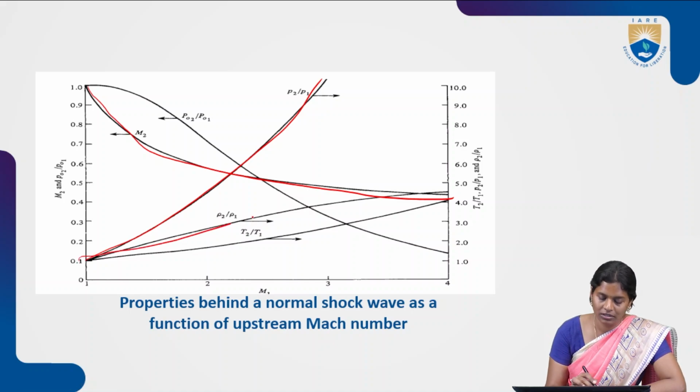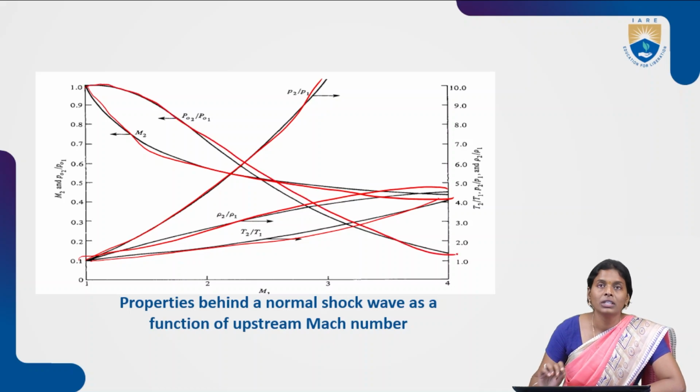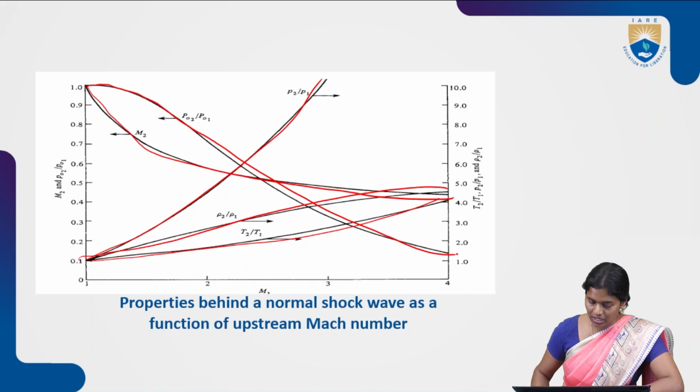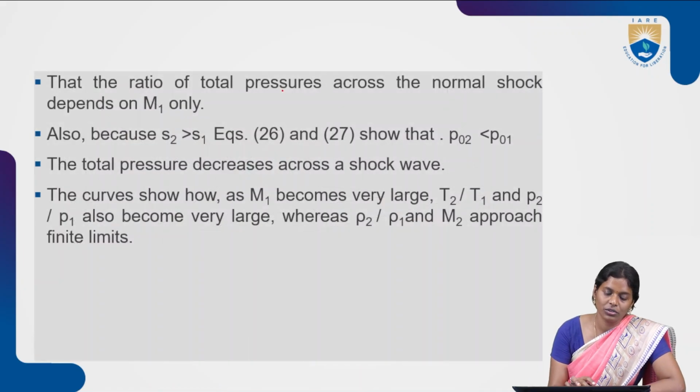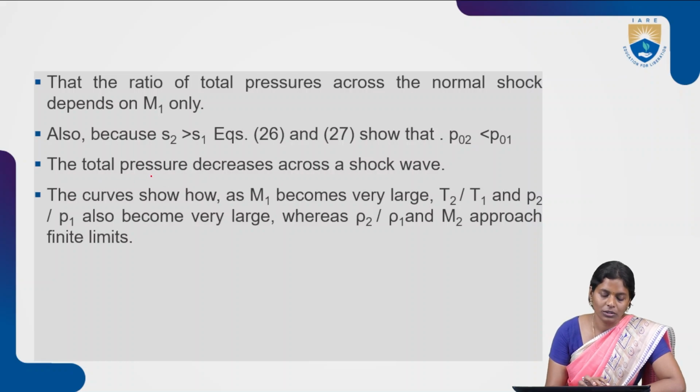This is the density value, and this is the temperature value changing, and the P02 by P01 value is going to change like this. The ratio of the total pressure across the shock wave depends on M1 only. Also, because S2 is greater than S1, it shows that P02 is less than P01. So the total pressure decreases across the shock. Here we are talking about the total pressure.